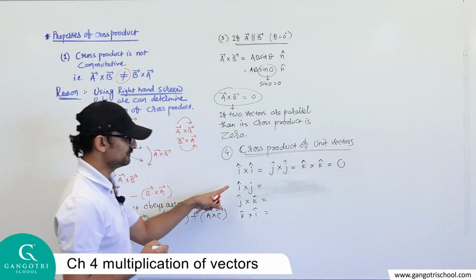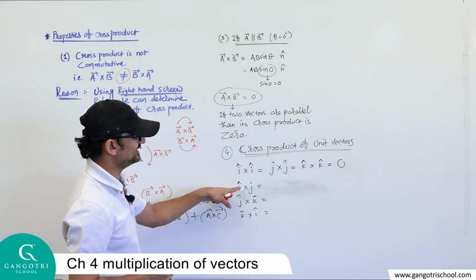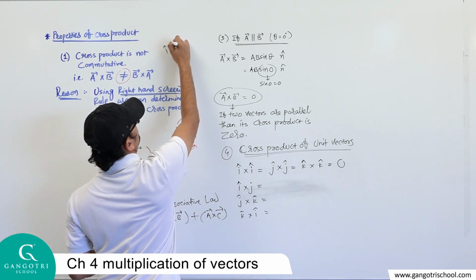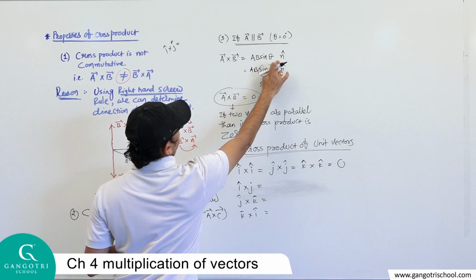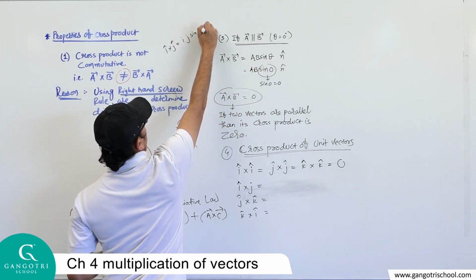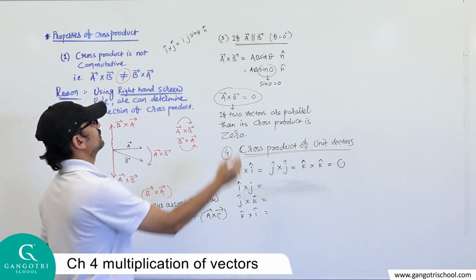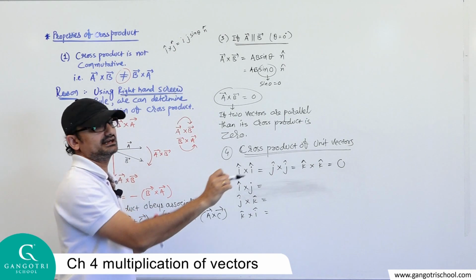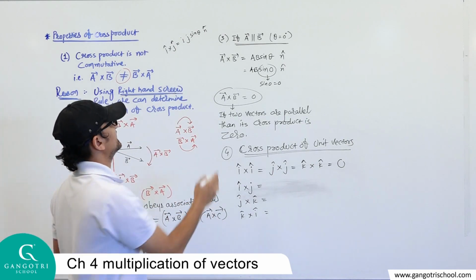First of all, we know that A cross B is AB sin theta n caret. So i cross j is ij sin theta n caret, where theta is the angle between i and j, which is 90 degree.